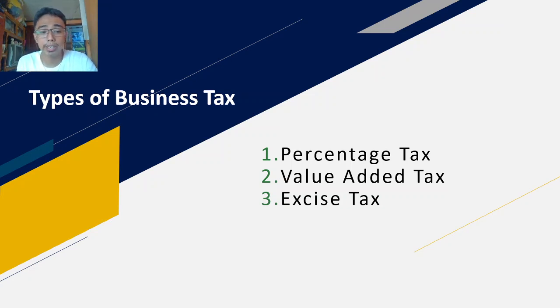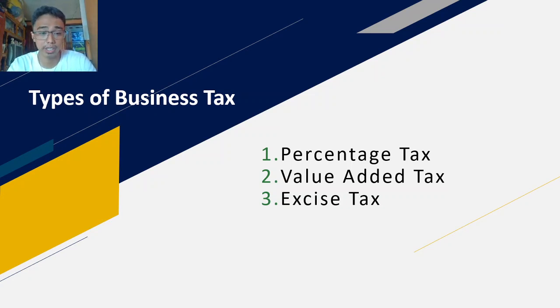Pero kapag hindi naman nag-exceed ng 550,000 ang gross annual sales or receipts ng isang business, then he is not required to be registered as a VAT payer. Pero he has the choice to register as a VAT taxpayer.